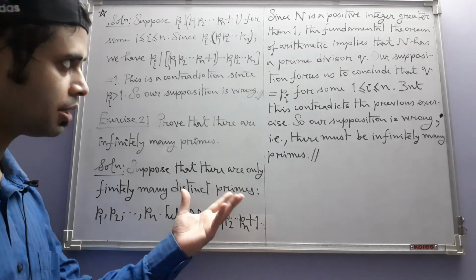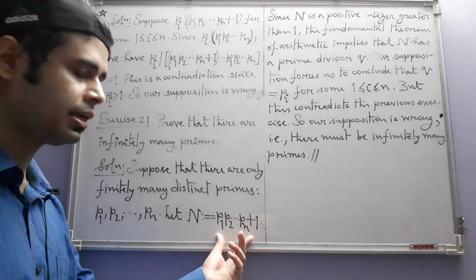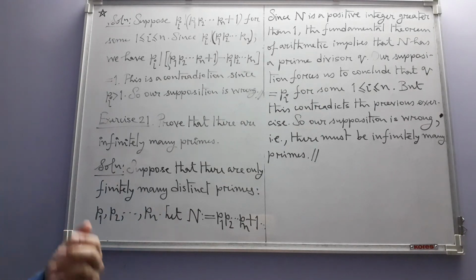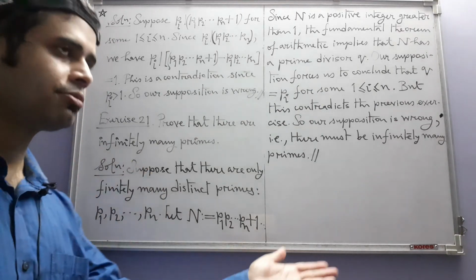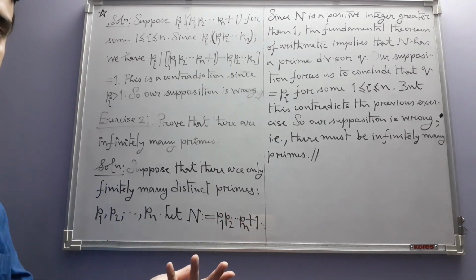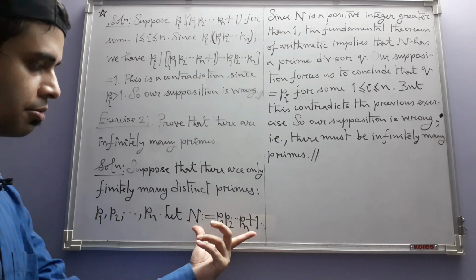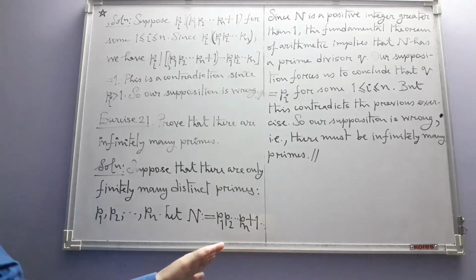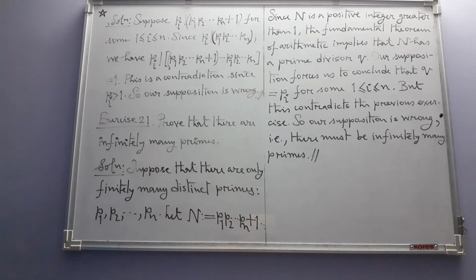However, this proof shows that a finite list of primes is not enough to create all positive integers. If we start with a finite list, then some positive integers, like this one, we will find none of its prime factors among that list.